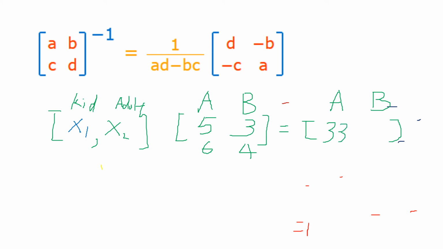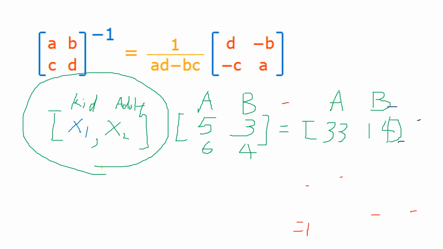So this family has spent $33 in park A, and in park B the family has spent $14 in total.